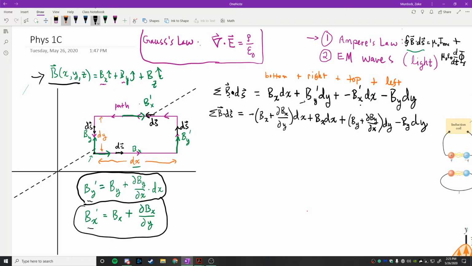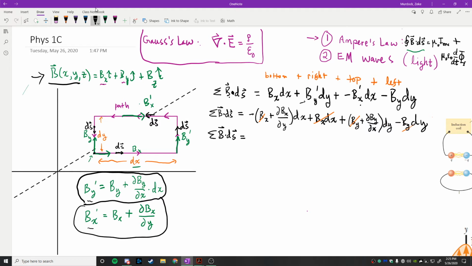Now you'll notice a few terms exactly cancel out here. That term right there cancels out with that term right there. Can you guys see that? You've got by dy and negative by dy. Same thing goes here. bx dx cancels out with the negative bx dx that shows up in here. And so we end up getting this simple relationship here: if I take the sum over b dot ds, this happens to be equal to, well, what's left over now?